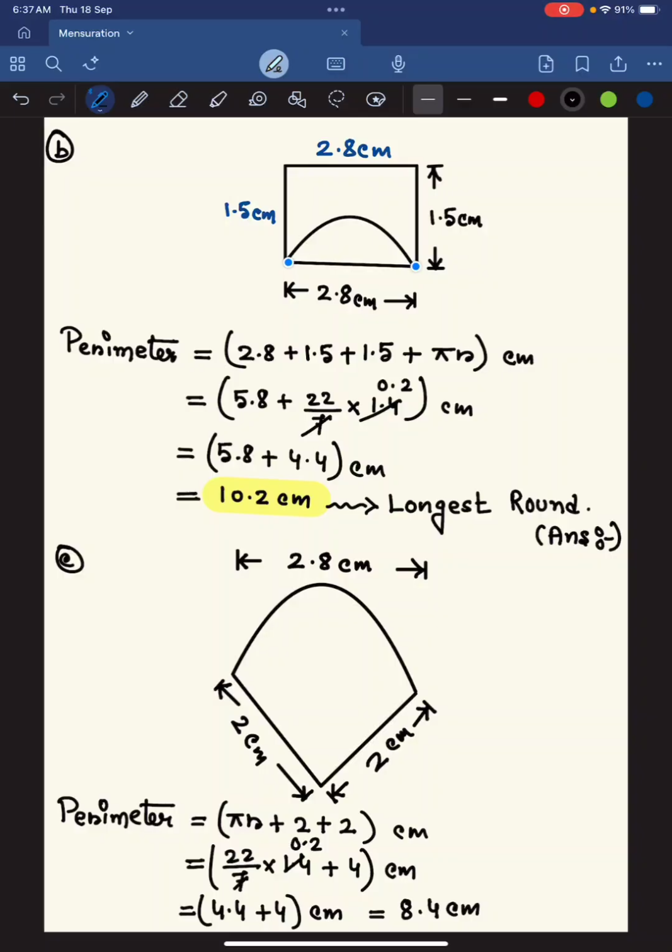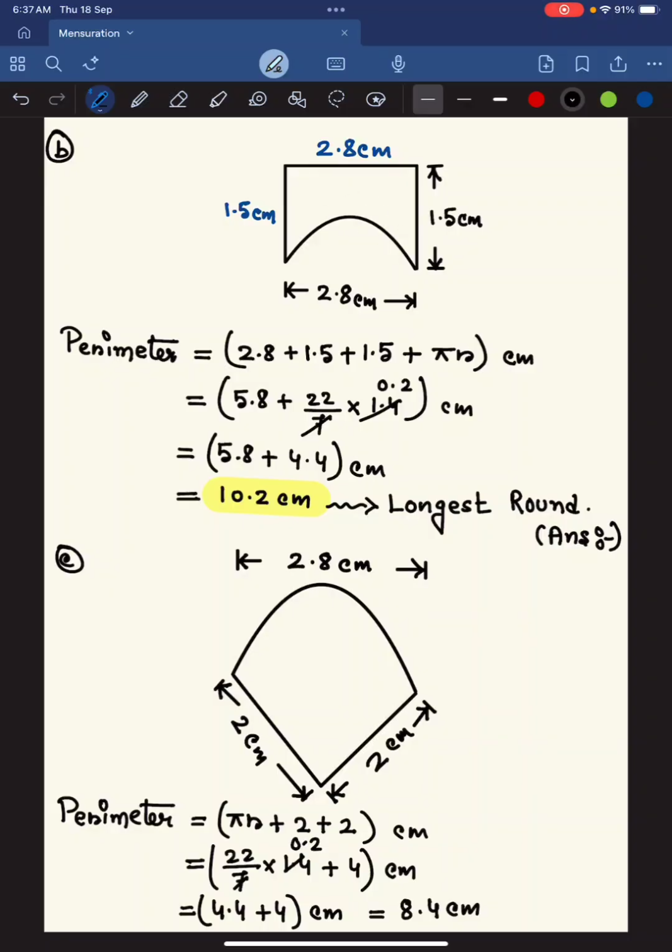Then we would have added these three sides to find the perimeter, and then we would have found out the perimeter of this semicircular arc. We could have done that, right? But since this line is not given, it becomes a different figure, an irregular figure.